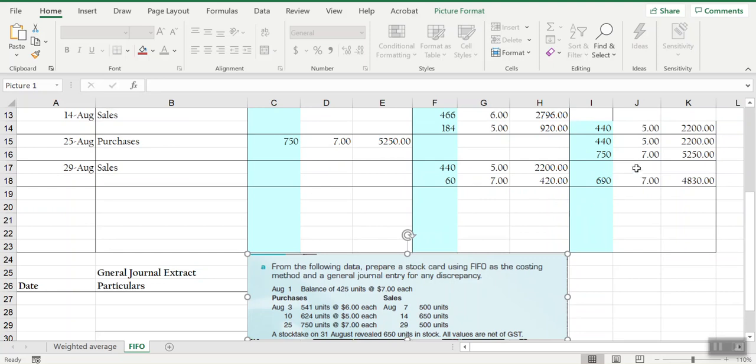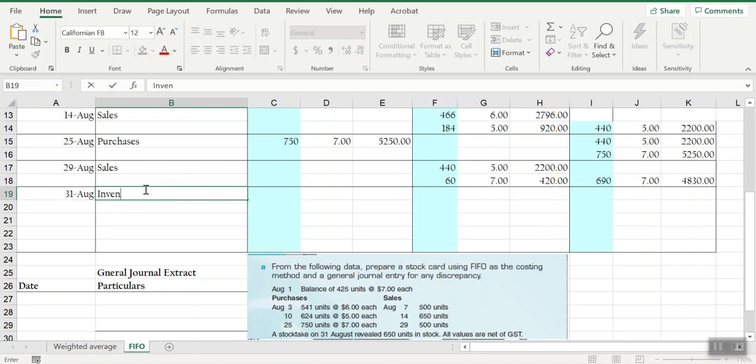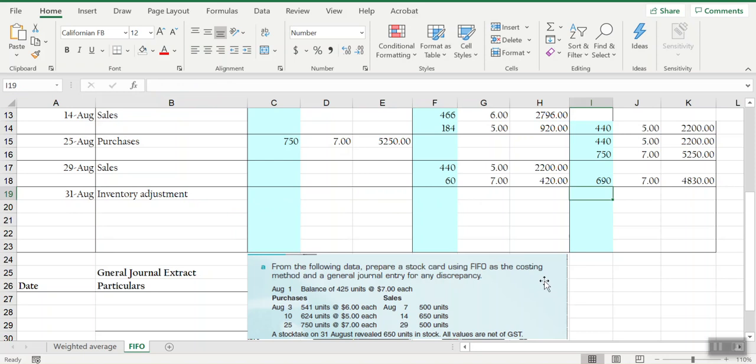So we need to make a change. So 31st of August, and we're going to put here inventory adjustment. Okay, I was going to say stock take, but it's not. So we need to have the final figure say 650, the balance there.